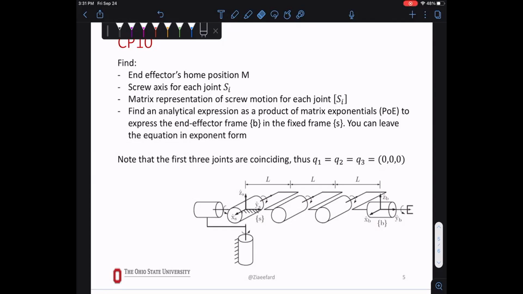None of them are prismatic. They're all revolute. So frame one is connected to ground, because this one is not removed. It will be grounded. So this is your S frame. This is your B frame. This is just ground.